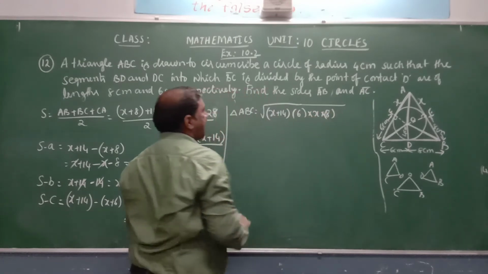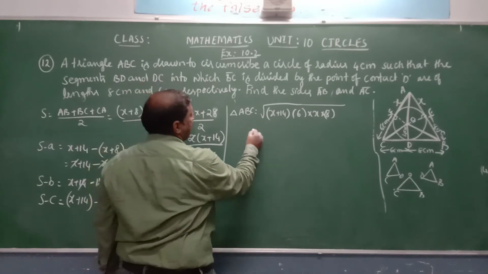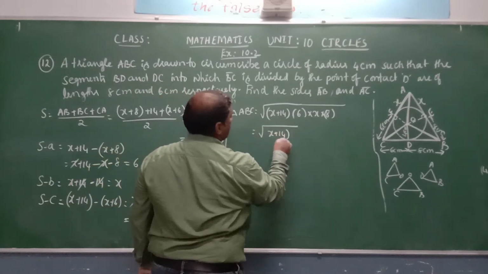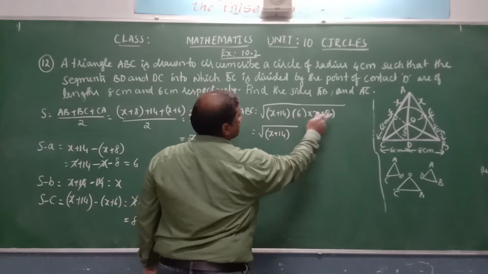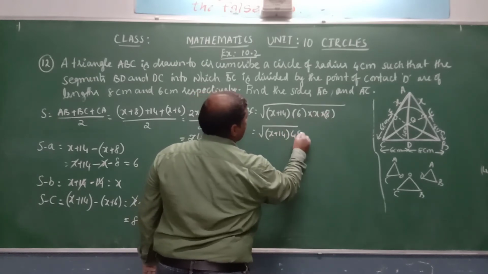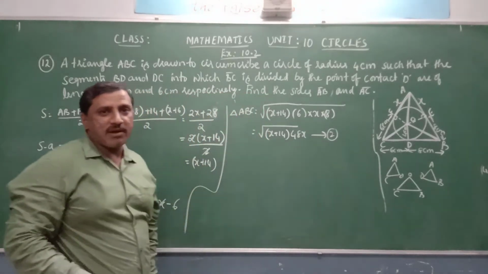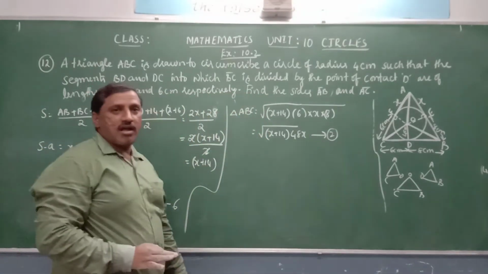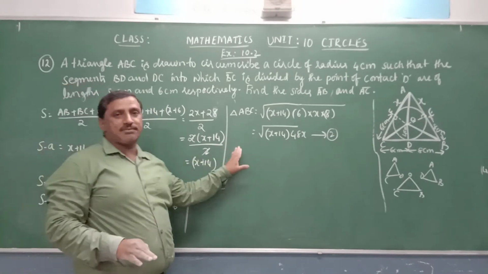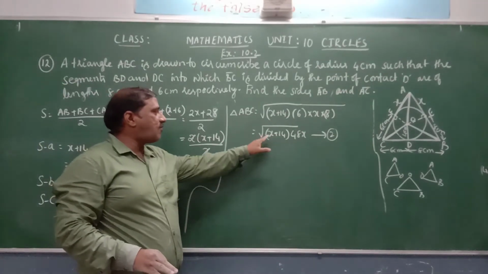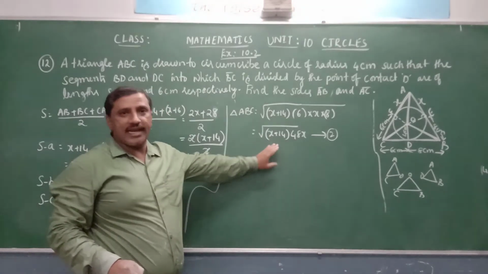Simplifying, we get the square root of x plus 14 into 6 into 8, 6 eights are 48, 48x. This is equation number 2. In equation number 1, we got the area of triangle ABC is equal to 4x plus 56, and here it is the square root of x plus 14 into 48x.